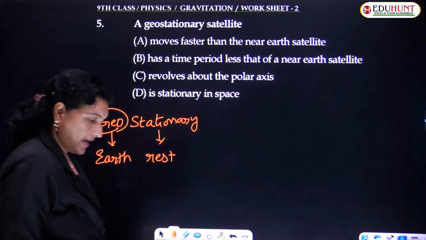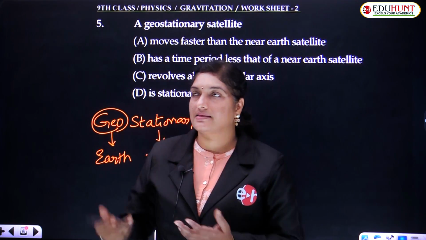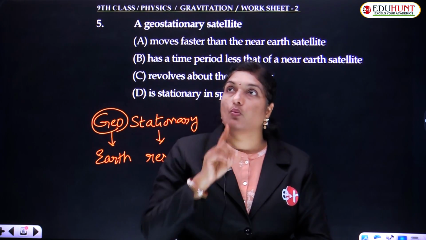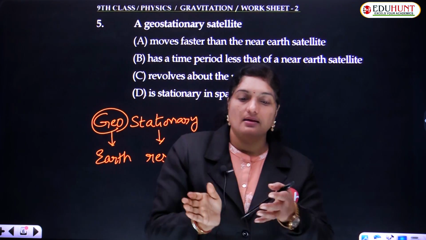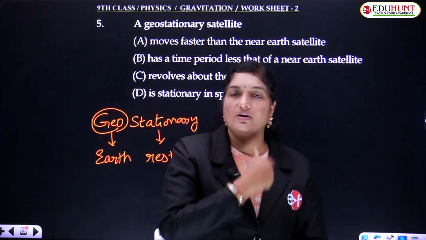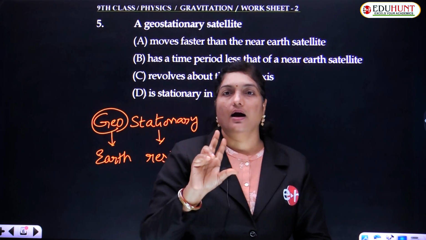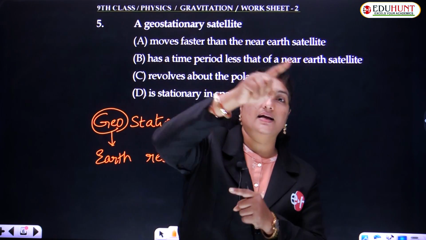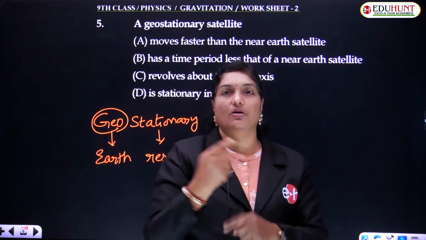The earth takes 24 hours to rotate about itself. Similarly, the satellite also takes 24 hours to revolve around the earth.